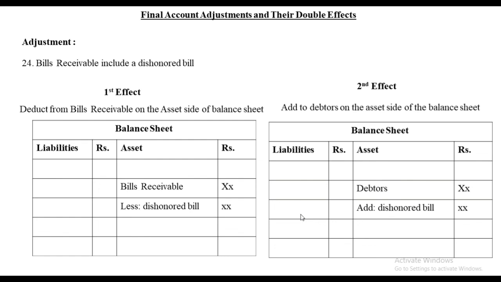Next, the last adjustment, number 25. Now, adjustment 25 is based on bills payable includes a dishonored bill. Bills payable comes on the liability side. So the first effect will be that the amount will get deducted from the bills payable on the liability side of balance sheet. And once it gets deducted from bills payable, the second effect is it gets added to creditors on the same liability side of the balance sheet.